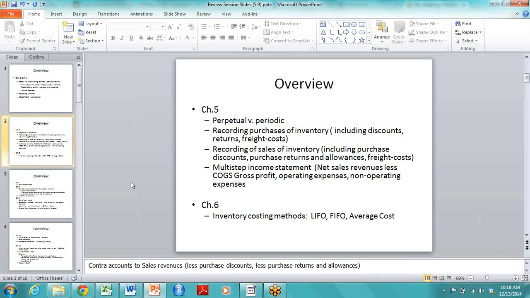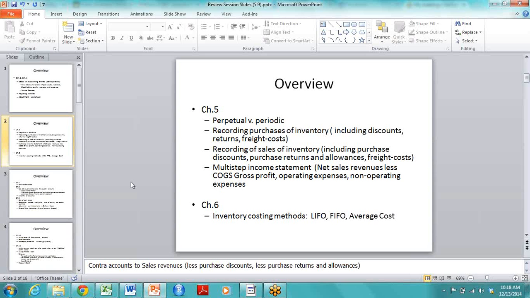Now we've got net sales revenues, where we take our sales revenues less our sales discounts and our sales returns, and that gives us our net sales, and then we've got cost of goods sold. We take our net sales less cost of goods sold, we get our gross profit, and then we've got our operating expenses and non-operating expenses. So understanding how that multi-step income statement works and what gross profit is is very important for chapter 5.